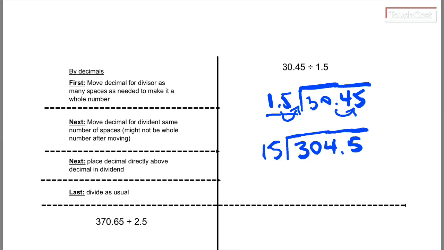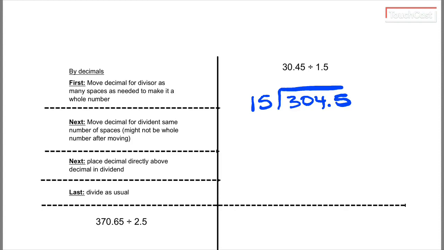Now that we've set up the division problem with the decimal in the right place, we can move on to the long division. So 15 does not go into 3. However, it does go into 32 times. 15 times 2 is 30. We subtract, we get 0.